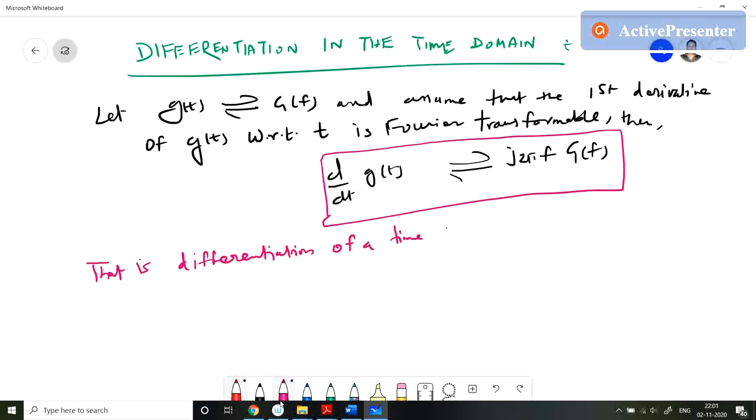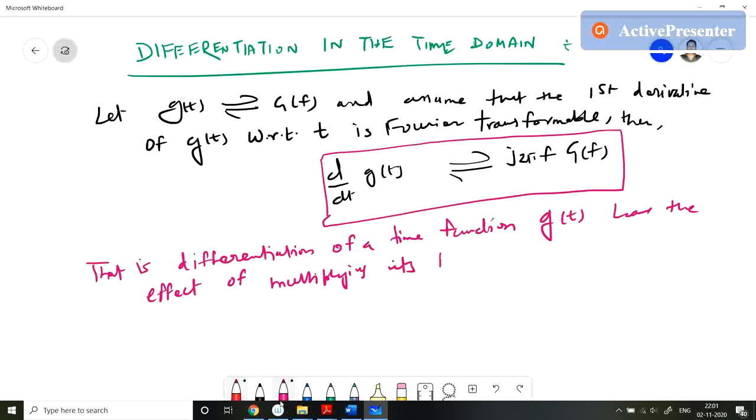That is, differentiation of a time function g(t) has the effect of multiplying its Fourier transform G(f) by the purely imaginary factor j 2 pi f.